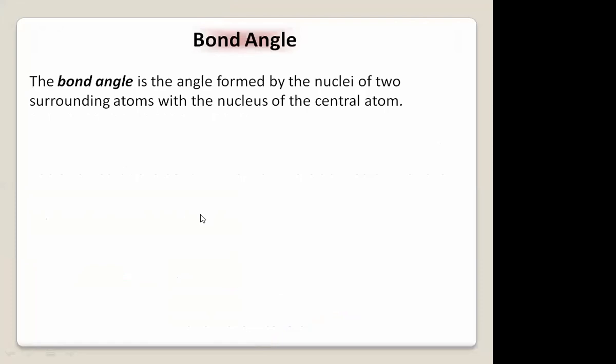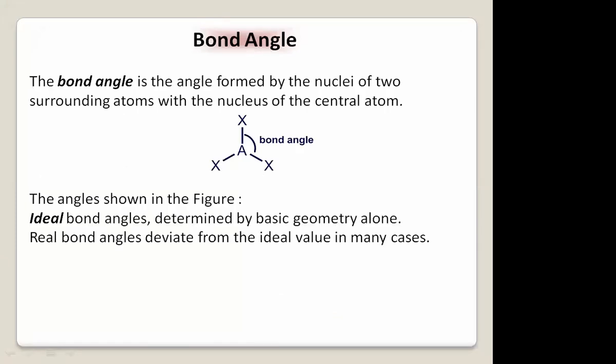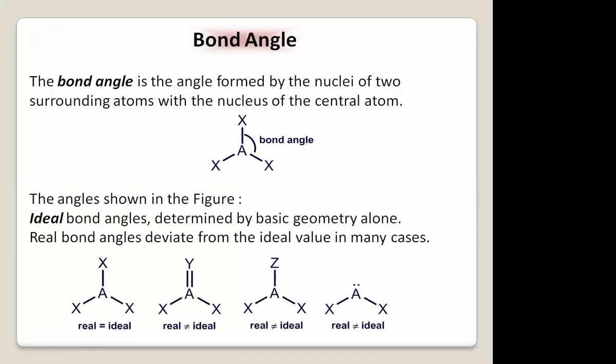Now, whether it is AXm or AXmEn, it's also determining the bond angle. You know that we mentioned that there is always a bond angle that could be either 120, 180, or 90, depending on the hybridization.